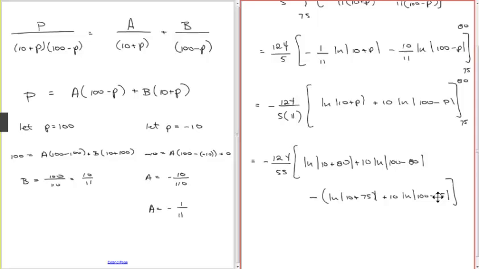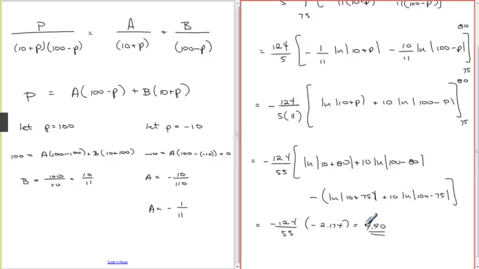And for all that, I get negative 2.0717. So I get negative 124 over 55 times negative 2.174. So we multiply that by negative 124, divide by 55, and I get 4.90.